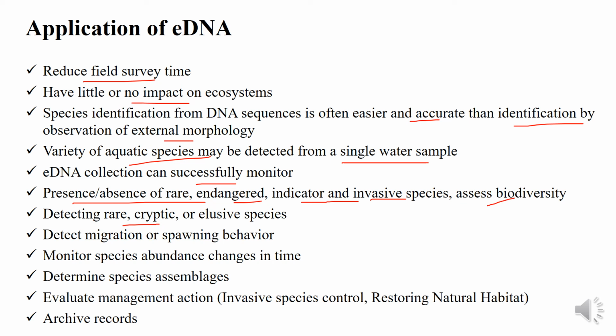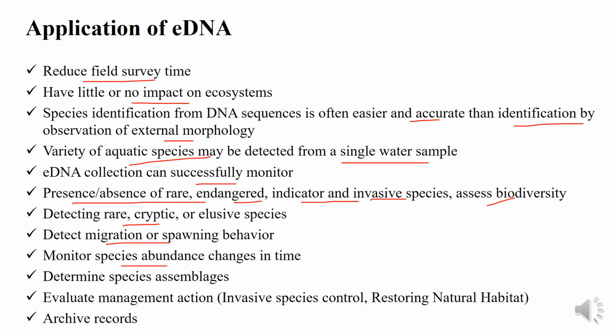Also detecting migration and spawning behavior of the organism, because if you get sperm or ovum at a particular time or in a particular region, then you can identify that this is their breeding ground, or you can identify their migration and spawning behavior.